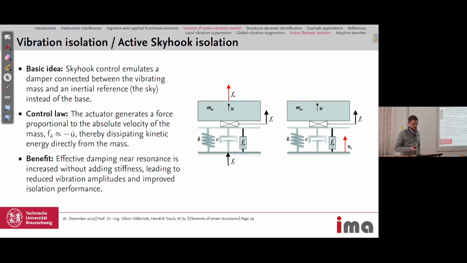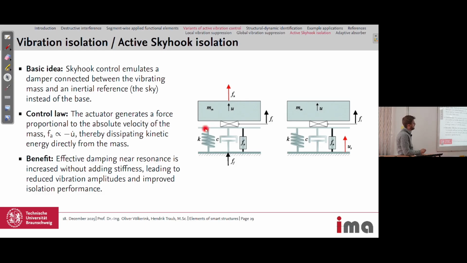The third measure was vibration isolation, or the active skyhook isolation. We only have a brief look. If we have this single mass oscillator again, then we could have passive damping with a passive damper, but it only works if there's a relative movement between the mass we want to calm down and, for example, the ground structure where a machine is built on.